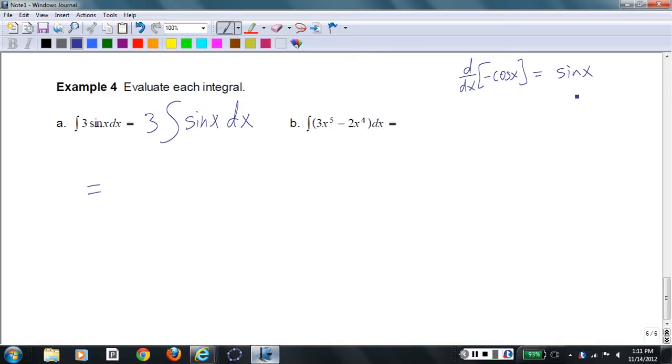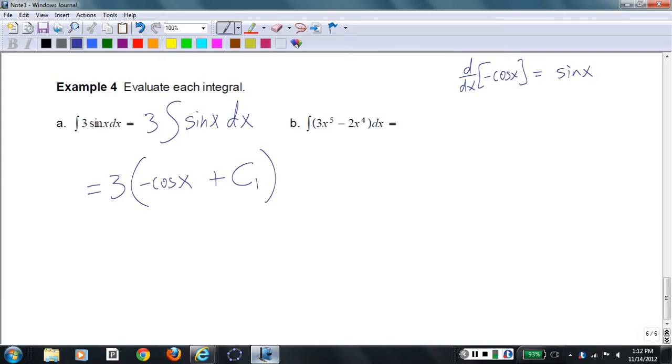So it's going to be 3 times, and I'll put a big set of parentheses, negative cosine x plus c sub 1. So I put a constant of integration there, and there are going to be a couple different constants of integration in this problem, so I'll denote the first one that I run across as c sub 1.